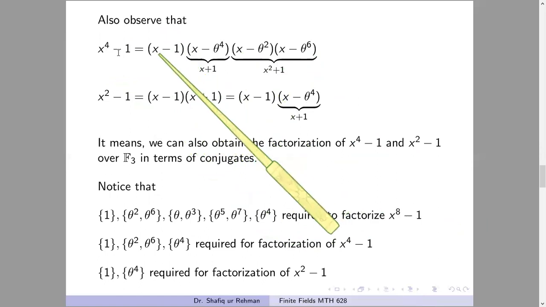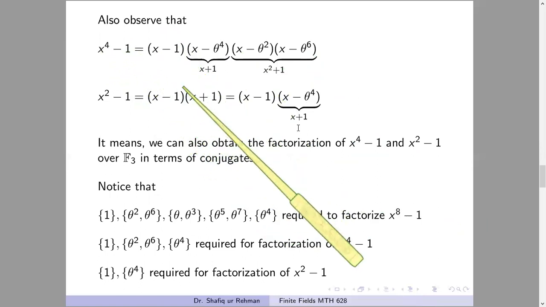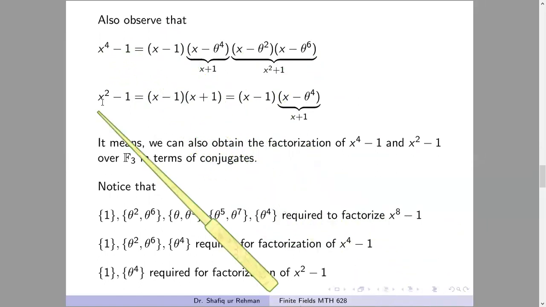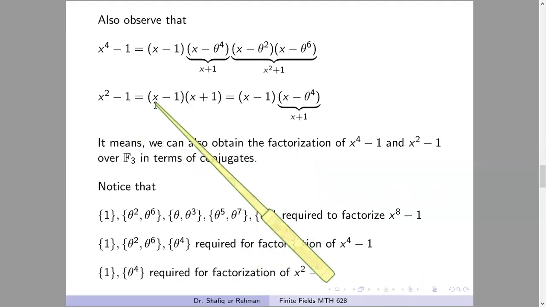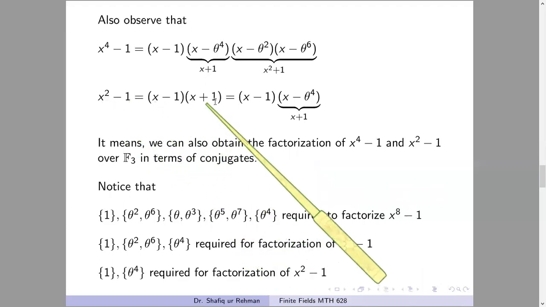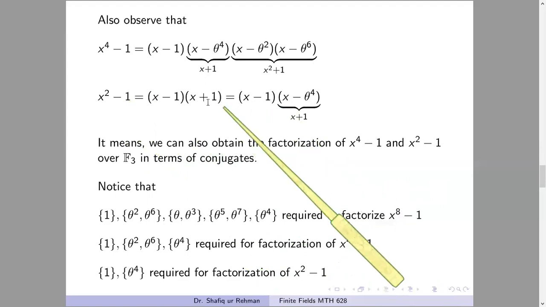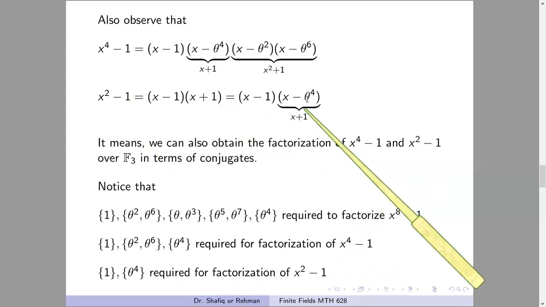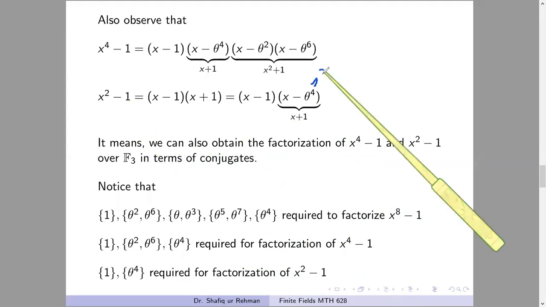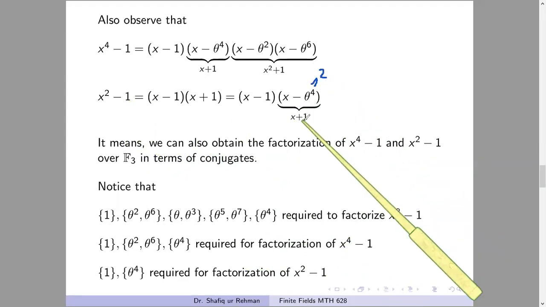By multiplying them, we get x power 4 minus 1. We can also factorize x square minus 1 because it is equal to x minus 1 into x plus 1.